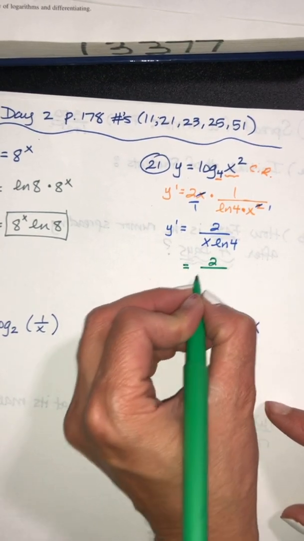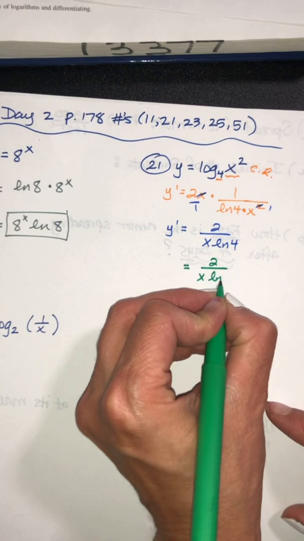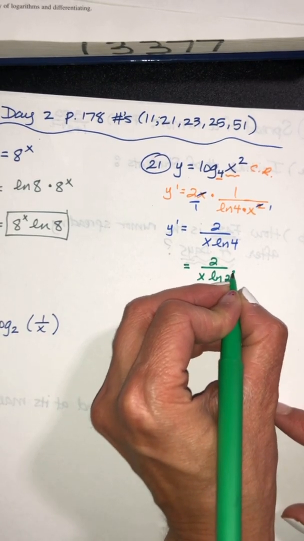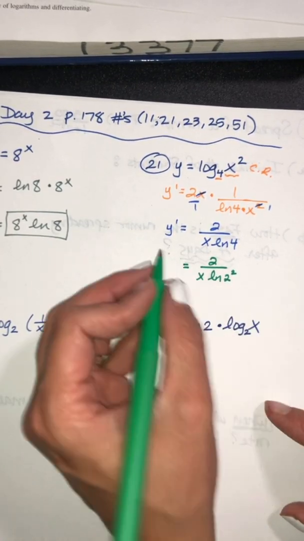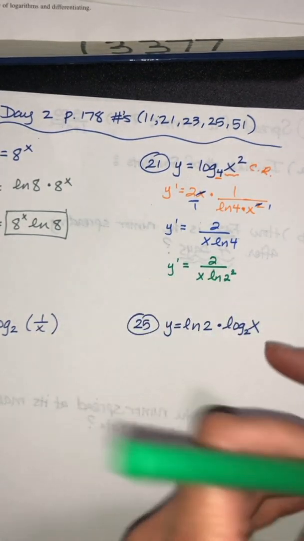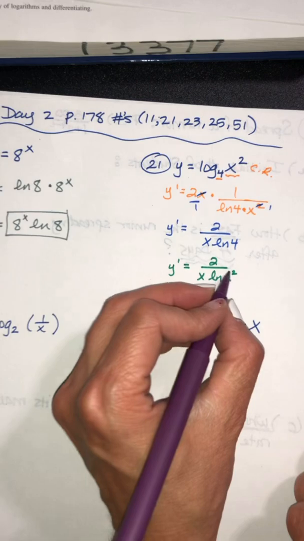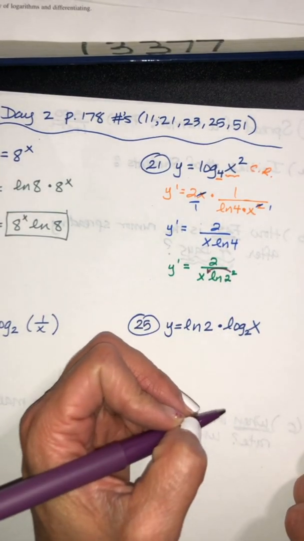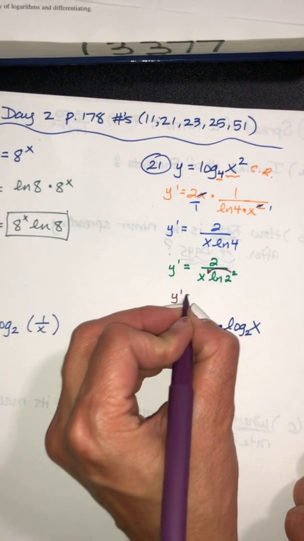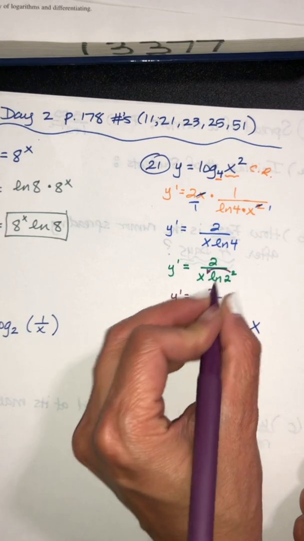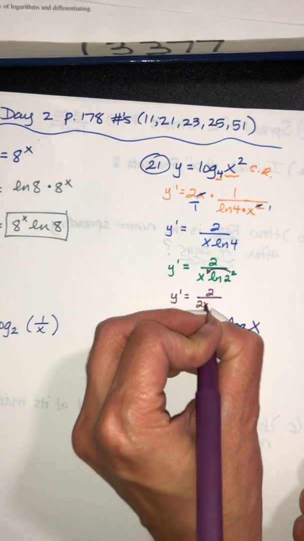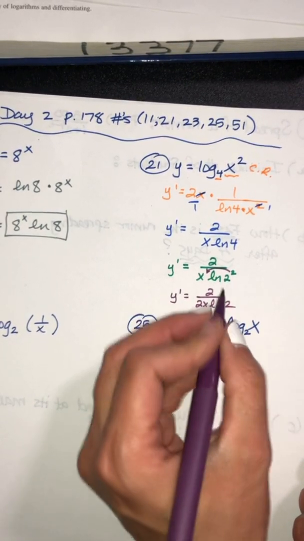I don't know if you guys remember this, you should remember it. You're going to be like, oh, when you see it. So whenever you have an exponent, you always drop it in front of the log. So then this would be y prime equals 2 over 2x natural log of 2.